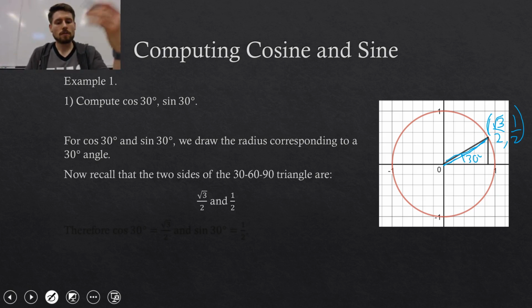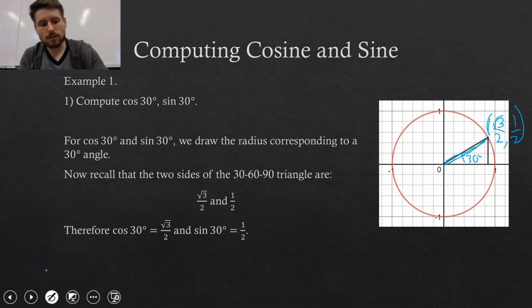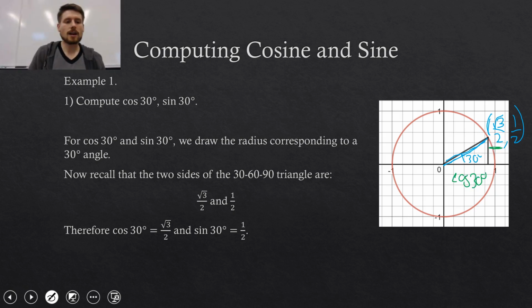And so based off of the 30, 60, 90 triangle that's there, we know cosine of 30 and sine of 30. Cosine 30, by its definition, is the x-coordinate. I'm going to do a little color coding here, or do my best to. So cosine is the x-coordinate. This is cosine of 30 degrees, that side of that triangle. So cosine is square root 3 over 2.